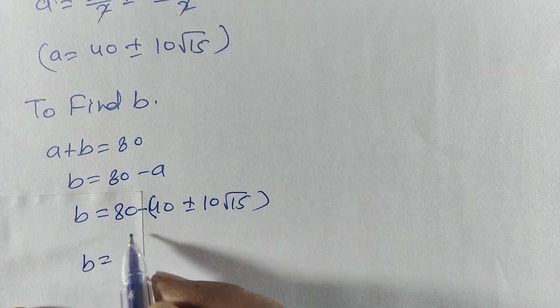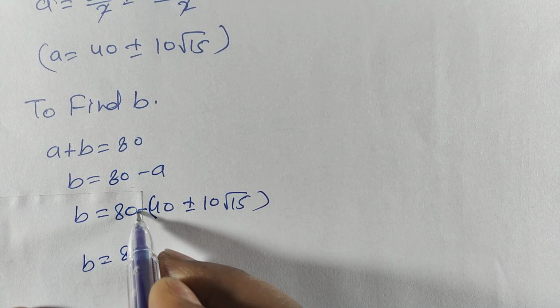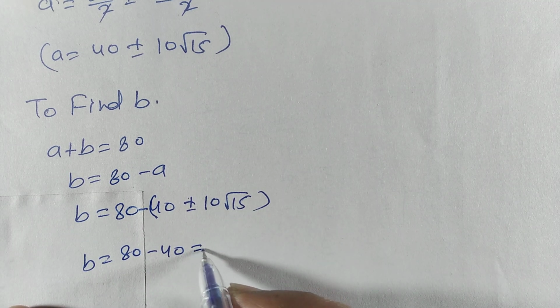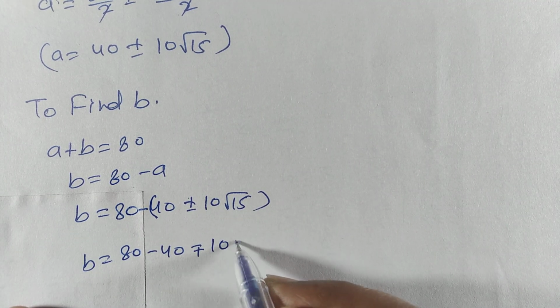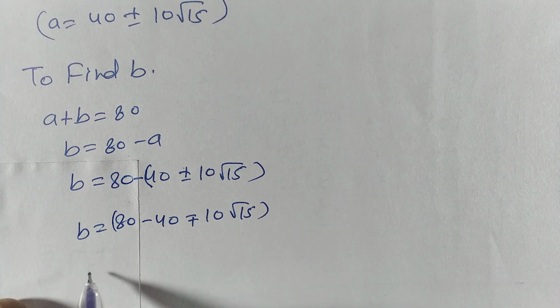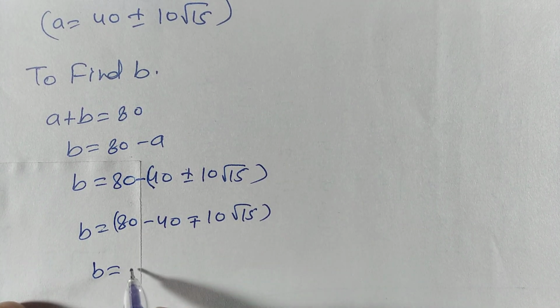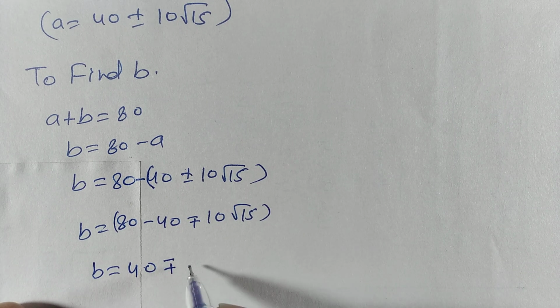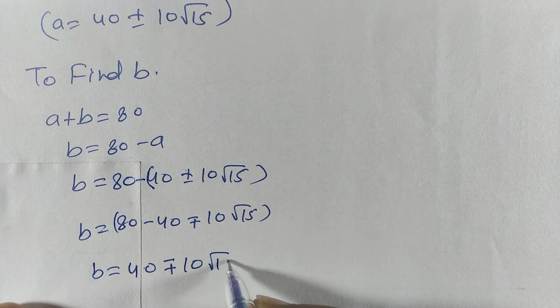B is equal to 80 minus 40 minus or plus 10 square root of 15. B is equal to 40 minus or plus 10 square root of 15.